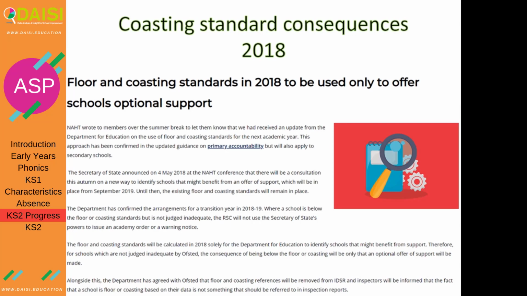And the floor and coasting standard in 2019 is going to be changed. The government is going to issue some consultations about how it can be changed, but until they come out, we do not know what the standard will be in 2019, only that it will be different. So this is how progress is worked out in Key Stage 2.